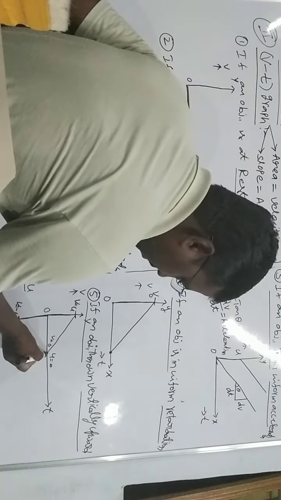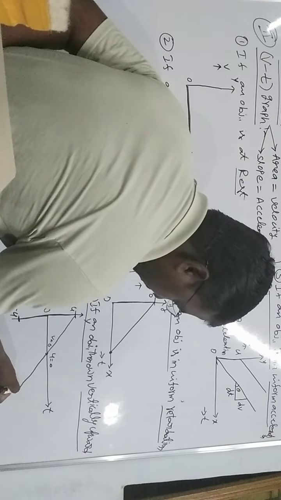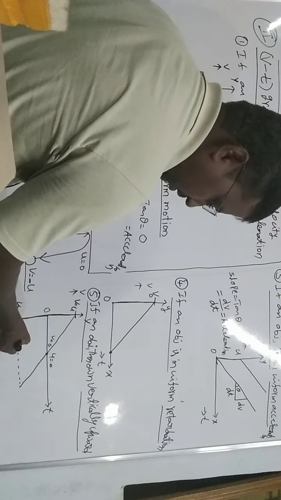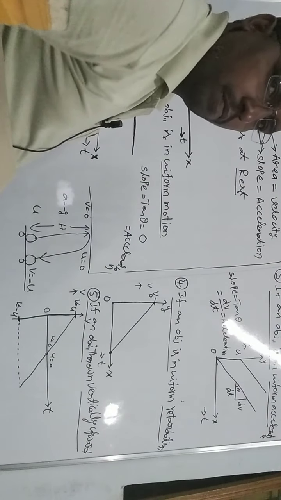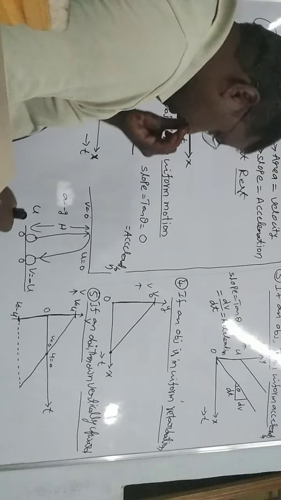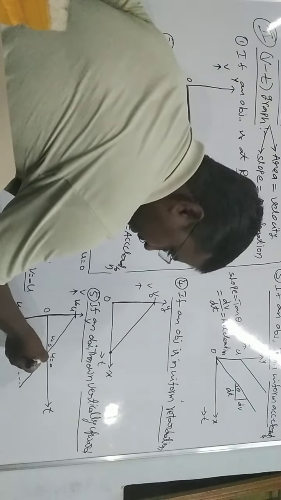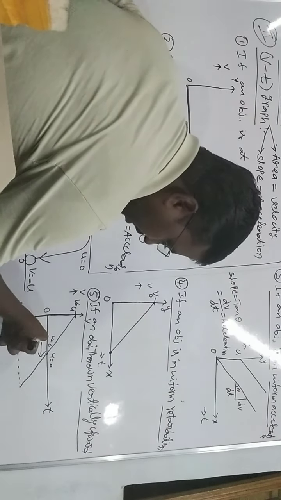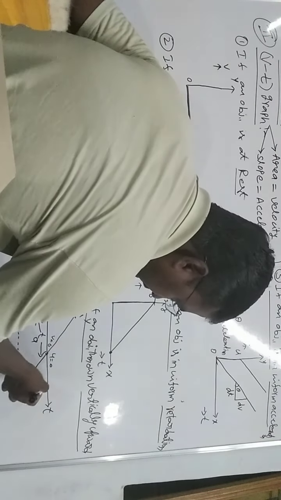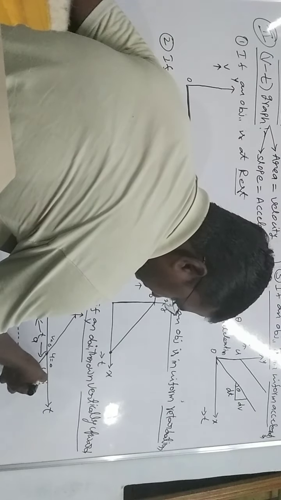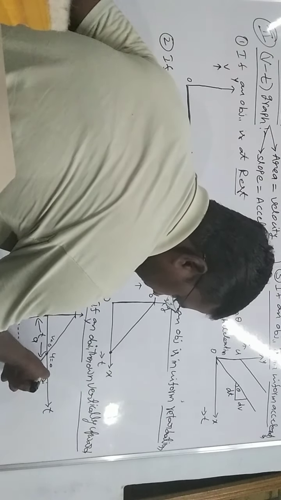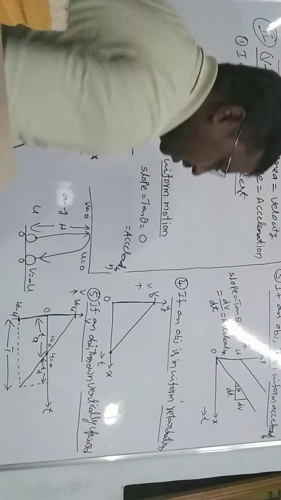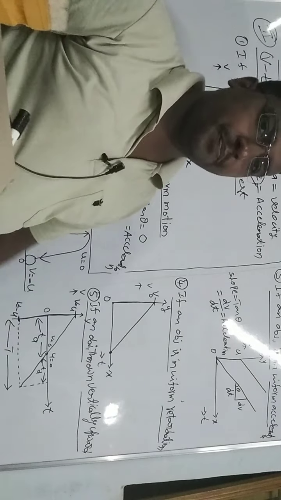So that's why this graph is drawn like this. In this situation, this time gives the time of ascent and this time gives the time of descent, and the total time of flight is represented in the downward direction.